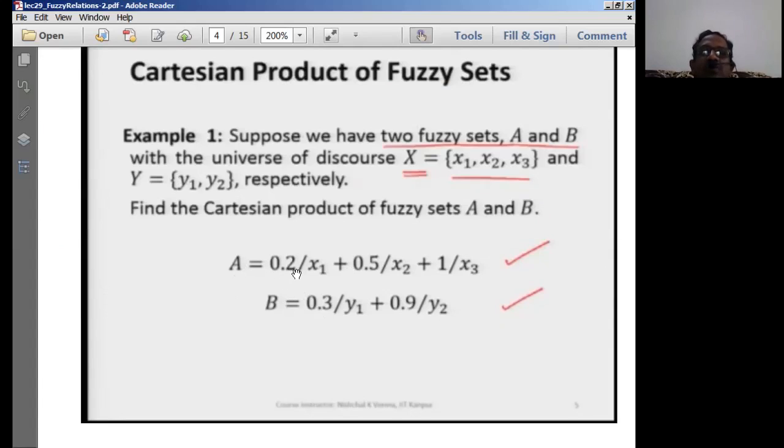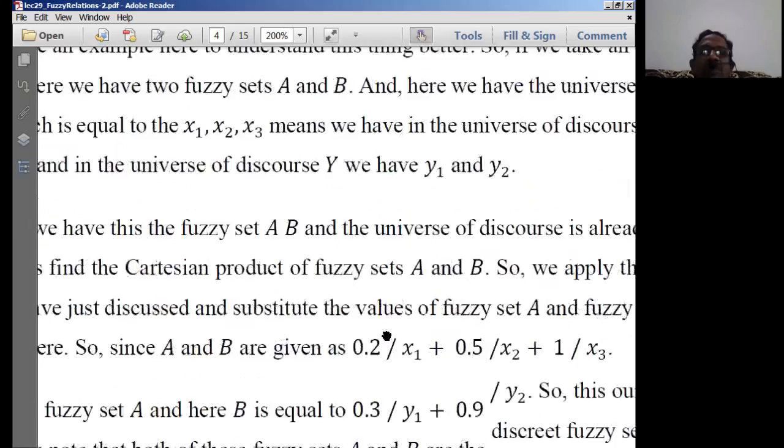A is equal to 0.2 by x1 plus 0.5 by x2 plus 1 by x3. B is equal to 0.3 by y1 plus 0.9 by y2. All these elements are going to have belongingness between 0 and 1 only. So we are writing according to that.